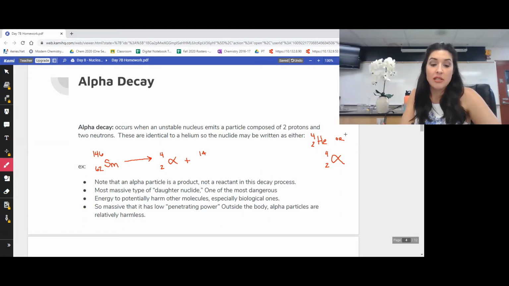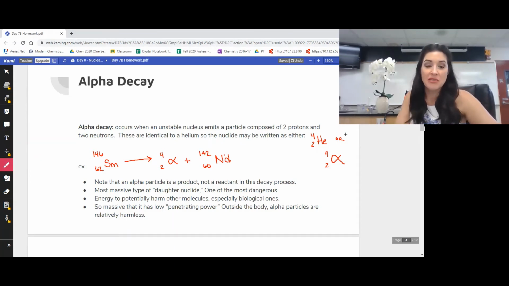See, since it's lost 2 protons, it's actually changed its identity. Nd, and that is called neodymium. So this samarium has undergone alpha decay to form neodymium-142.